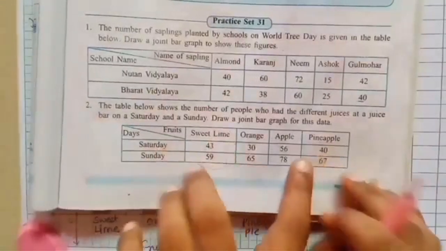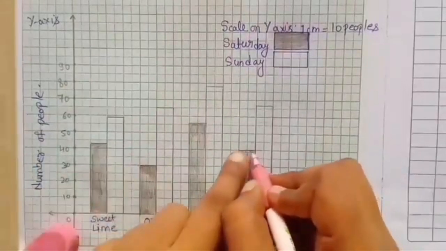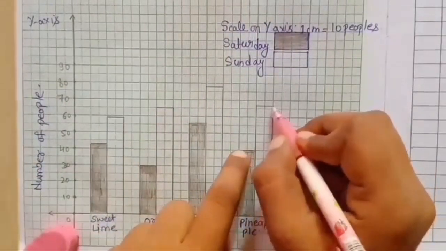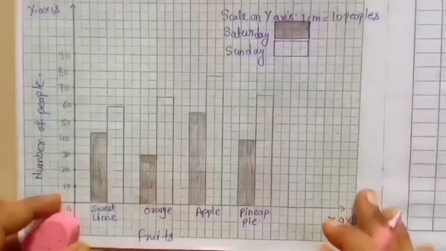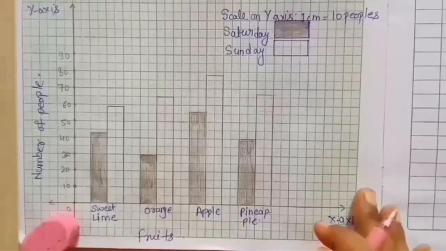Now next is pineapple, that is 40 and 67. So you will take 40 from your y-axis and you will take 67, that is you will count extra 7 lines above 60 and you will take 67 from your y-axis.